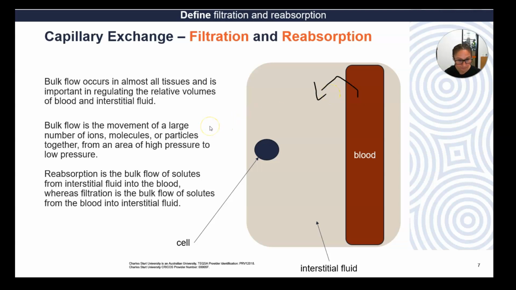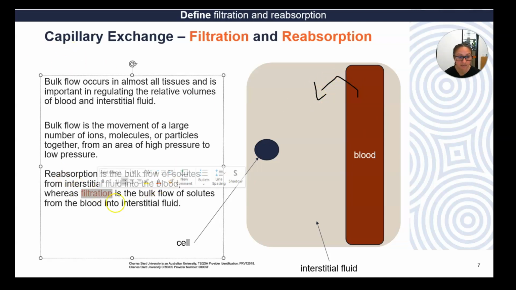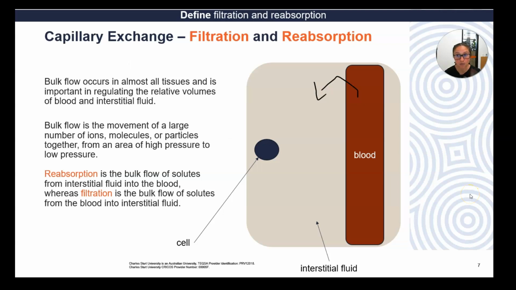Filtration means that you're moving lots and lots of stuff from the blood to the interstitial fluid. So you're going this way. That is what the word filtration means. What the word reabsorption means is that you're going the other way.